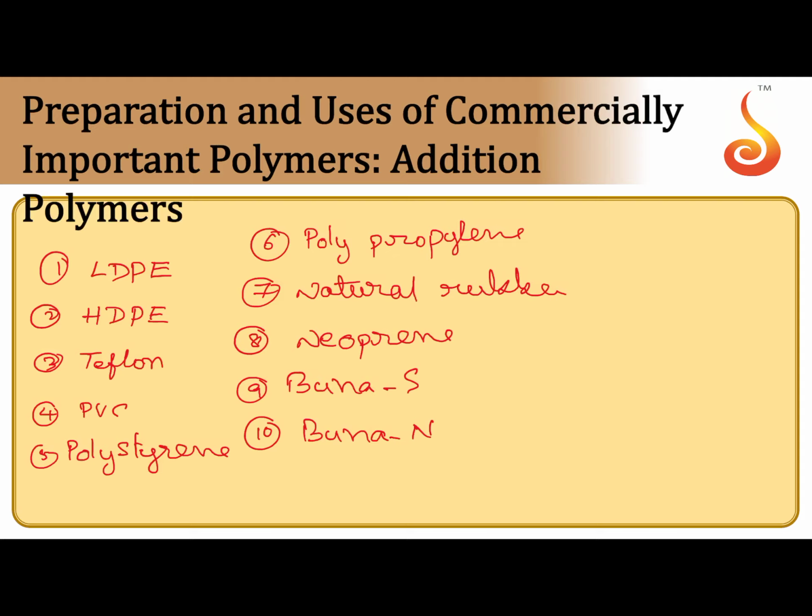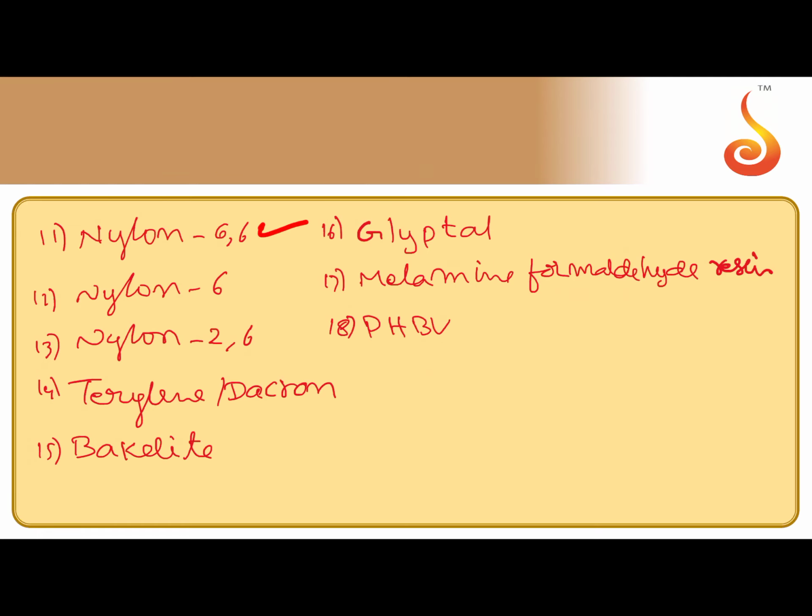Next, from the polymers chapter, what you have to do, the best method: you collect the number of polymers: LDPE, HDPE, Teflon, PVC, polystyrene, polypropylene, natural rubber, neoprene, Buna-S, Buna-N, nylon 6,6, nylon 6, nylon 2,6, terylene or Dacron, bakelite, glyptal, melamine formaldehyde resin, PHBV.